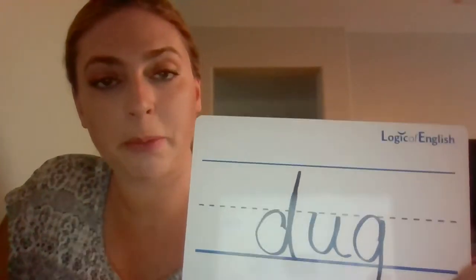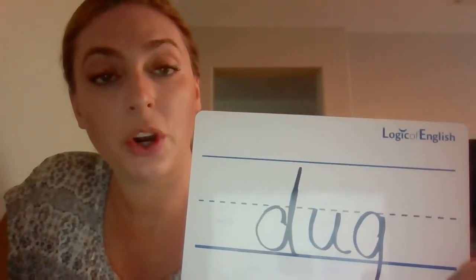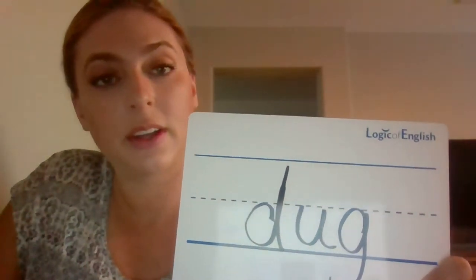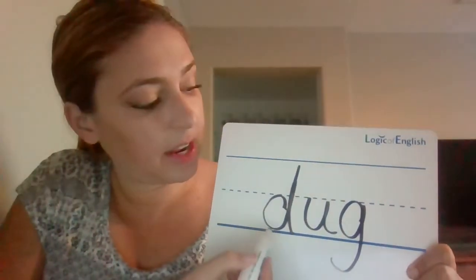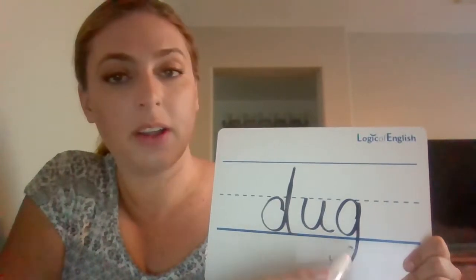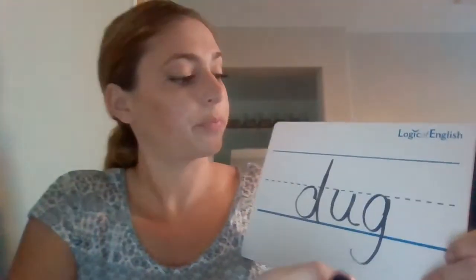Now it's your turn. At home, please pick up your marker or your pencil and write the word dug. Remember, as you're writing, you're saying each sound. D, g. Go ahead. Now I'd like you to write the word one more time, please.